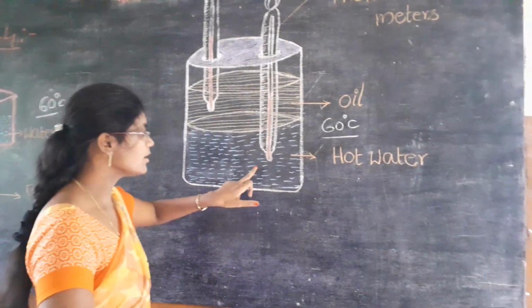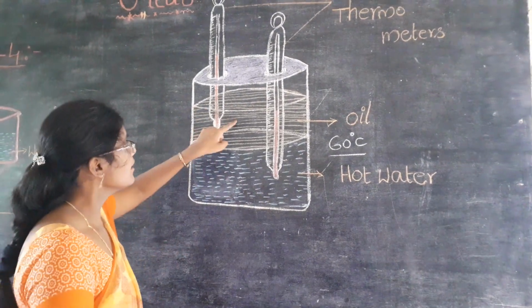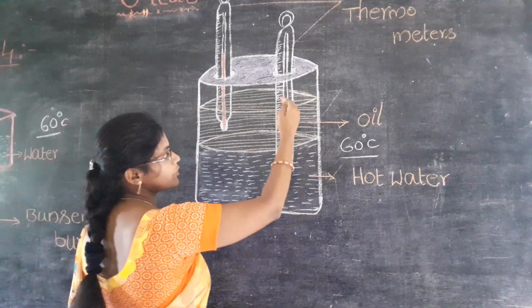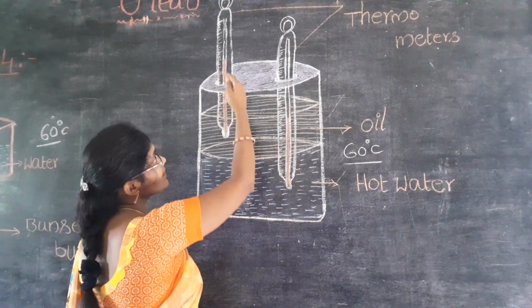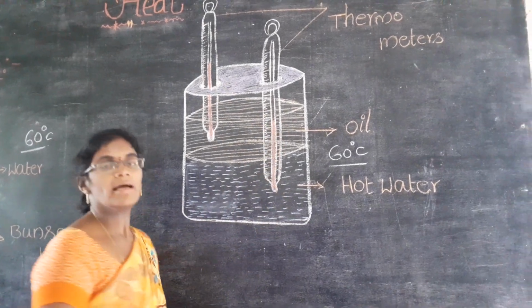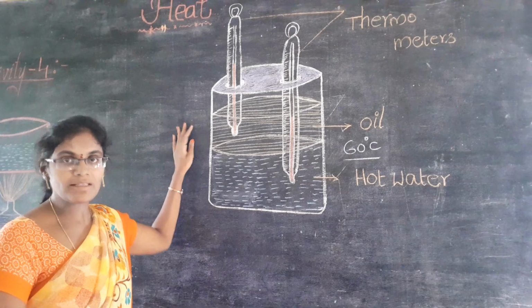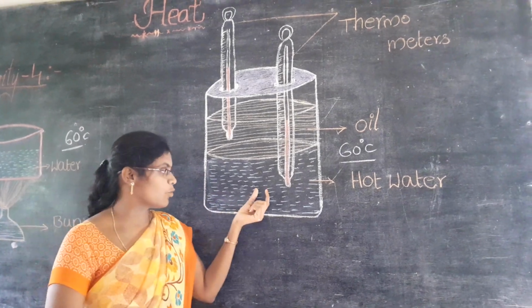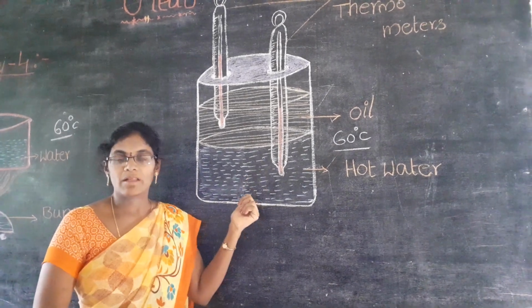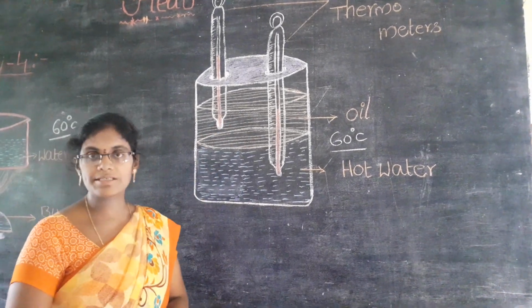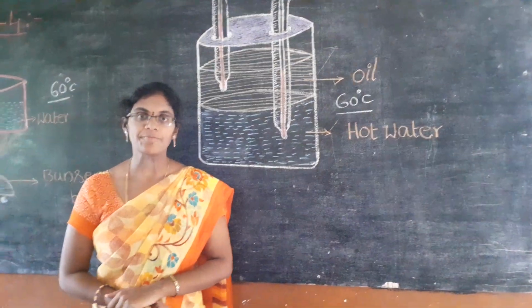Water loses energy and oil gains energy, so the temperature of the oil increases and the temperature of the water decreases. It means the kinetic energy of the water decreases and the kinetic energy of the oil increases. This is our fourth activity.